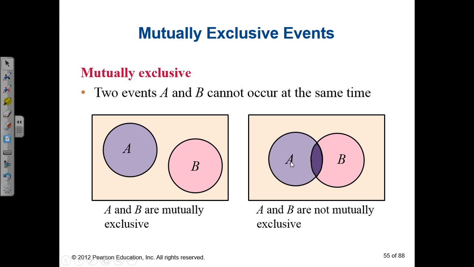This light purple over here in A is all the people who bought just coffee. This light pink over here is all the people who bought just donuts. But this dark purple in the middle, where they overlap, are people who bought both coffee and donuts. Since one person can buy both coffee and donuts, these events A and B are not mutually exclusive.